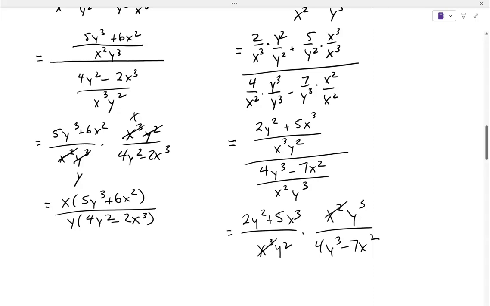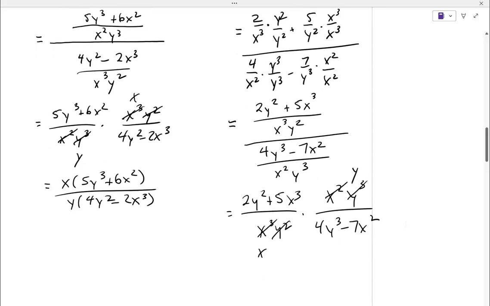What's left? On top or bottom? Bottom, good. Y cubed and y squared, what's left? On top, good. And then now we can just multiply across. And no real need to distribute. And that's it. That okay?